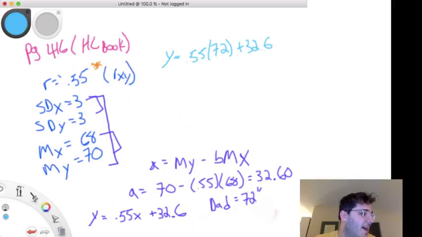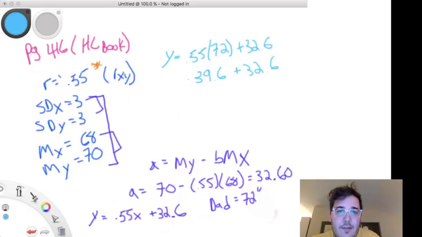Let's just do that math really fast so we can figure out the height of this dad's son, which I know you're all very excited about. 0.55 times 72 is 39.6, plus 32.6 equals 72.2.